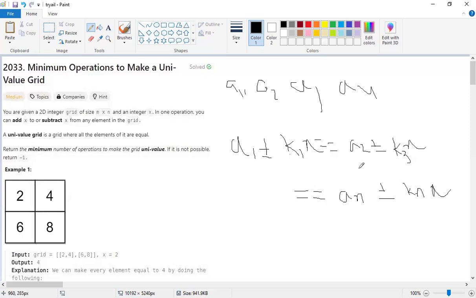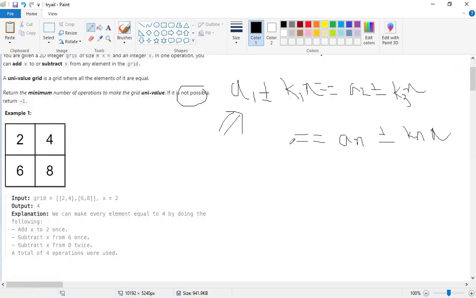And then, if it is possible, we will look into what our next step will be. So we are going to firstly tackle this part of the problem, see whether it is possible or not. To be possible, this condition should hold true. If this condition is holding true, then we can say it is possible.